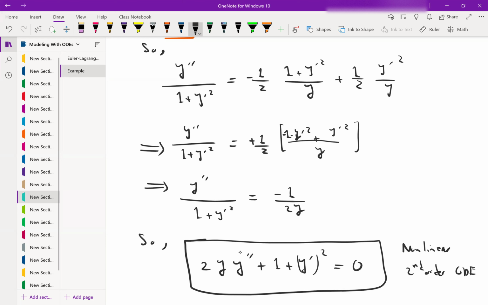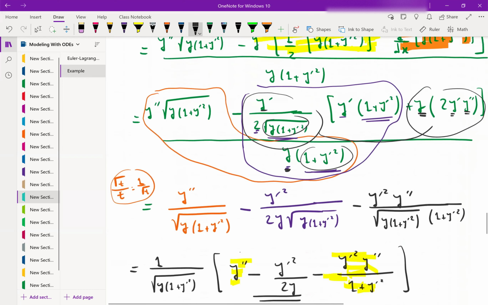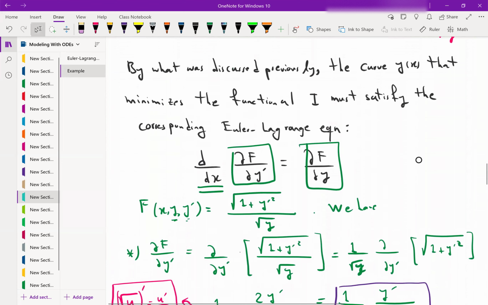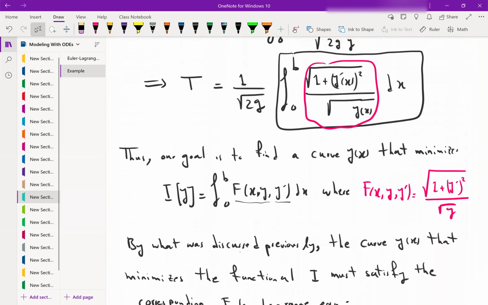All right, folks, as you noticed, there was a little bit of tedious work to simplify the Euler-Lagrange equation. I just want to make this comment that there are tricks, clever things that one can do to make the calculations less tedious. In particular, in this problem, if you view x as a function of y instead of viewing y as a function of x, when you want to write the functional I, the total time big T, then things will become a little bit simpler to manage.